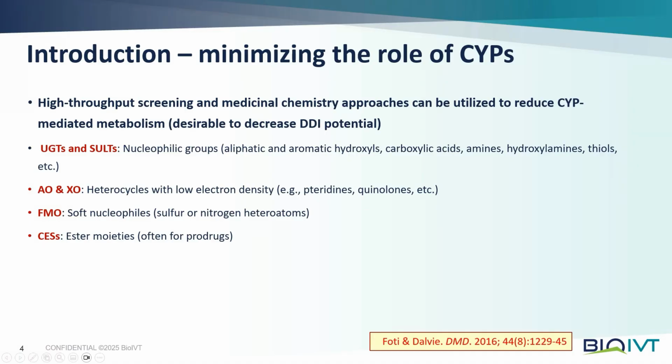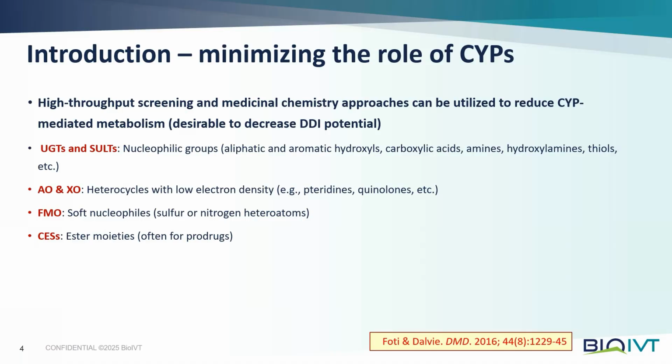So FMO is a flavin monooxygenase. It's also an NADPH-dependent enzyme like P450. It's also expressed in the endoplasmic reticulum like P450 enzymes. And by the introduction of soft nucleophiles, so for instance, sulfur and nitrogen heteroatoms, you can also shift metabolism from P450 to FMO, and this may have some advantages in certain cases.